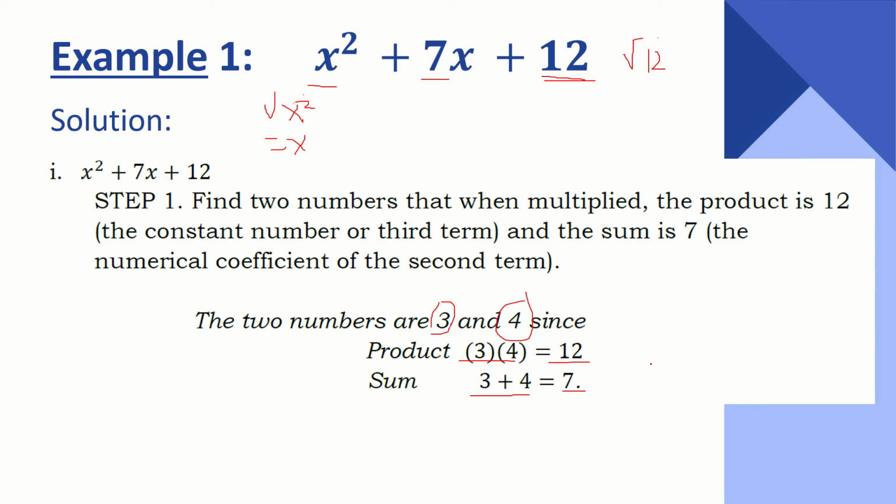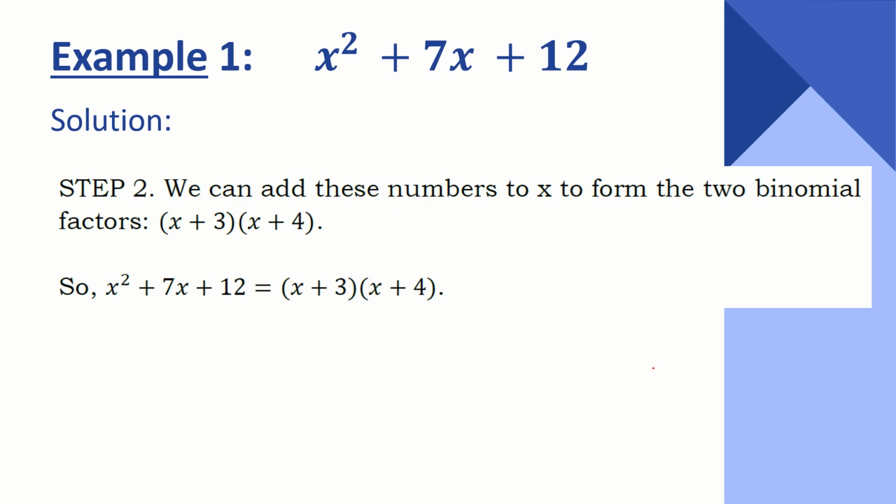So first step, para makuha natong factor, mangita tag number nga kung atong i-multiply, 12, ug kung i-plus, 7. After finding these two numbers, we can add them to x to form the two binomial factors. Atong idugang lang since naa na tay 3 and 4, x plus 3 and x plus 4, since we use addition.